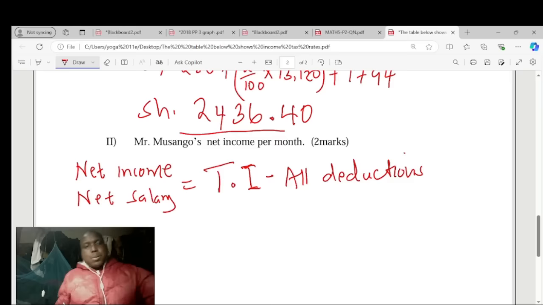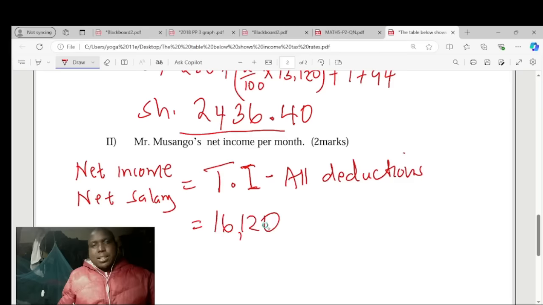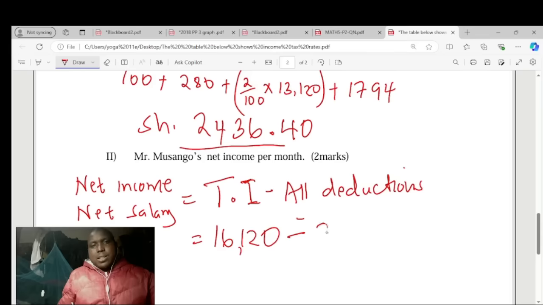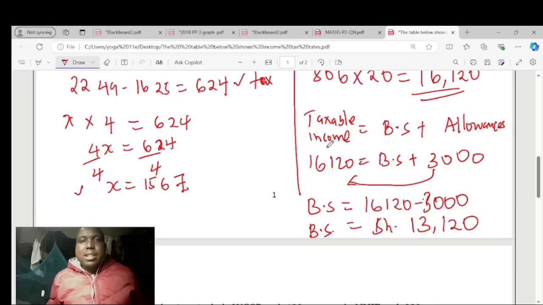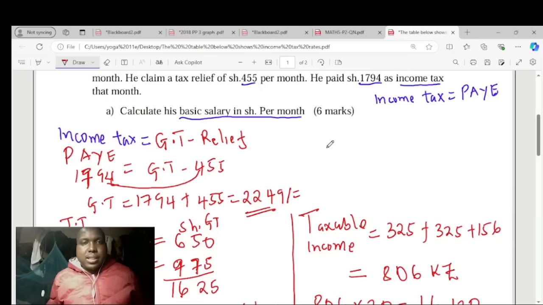So our taxable income was 16,120. You subtract all deductions, which amount to 2,436.40. And now the net salary will be Kenya shillings 13,683.60. Very nice. So that is how you do the reverse process. Let me do one more example for understanding.